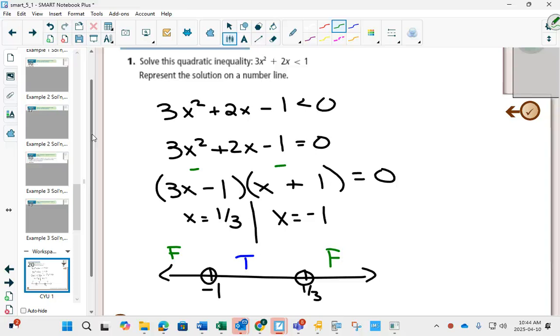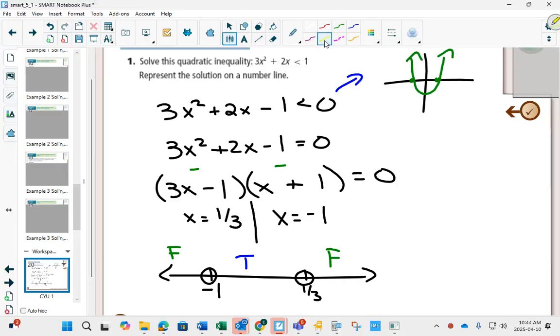If you thought about graphing it, right? If I took the place where it's equal to 0, okay? If I wanted to draw a quick graph, well, I already know my x-intercepts are at -1 and 1/3. Which way does this graph open? You don't even need to know the vertex.